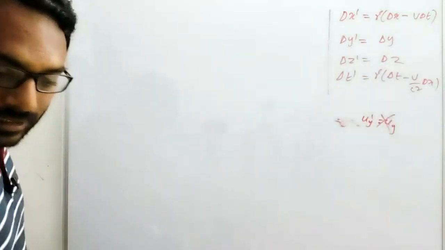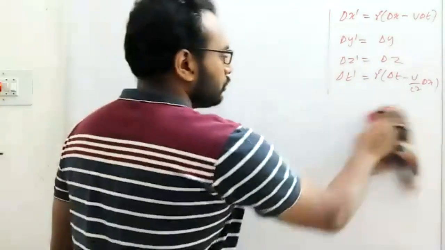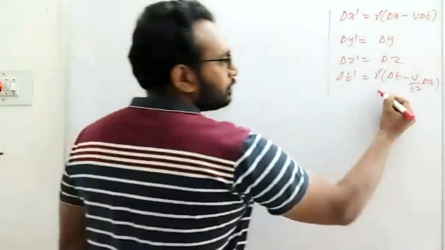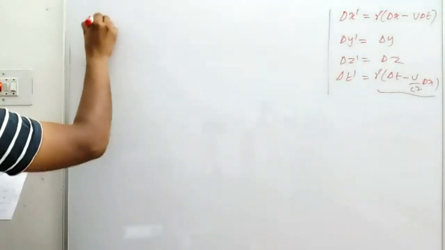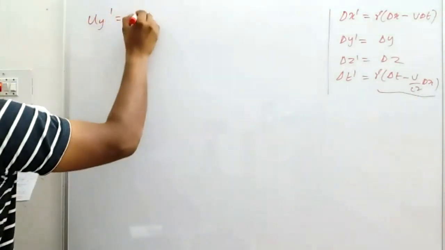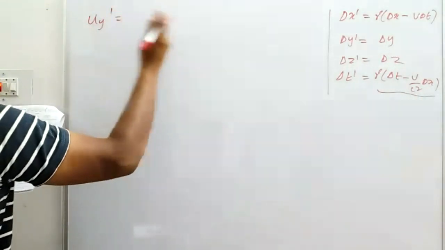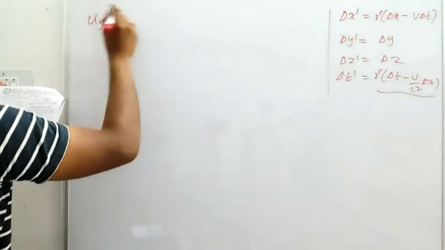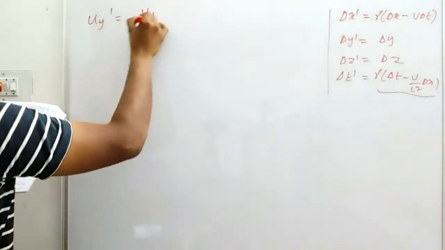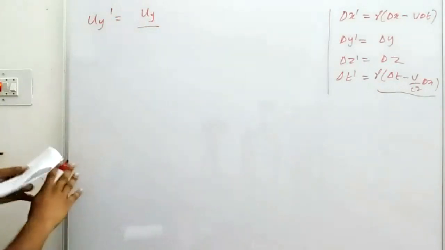In the Galilean case that's true, but here it's not, because time has a non-trivial transformation. So let's look at u_y prime. You can just get it from the Lorentz transformation. So u_y prime is equal to u_y. You just do this. Should I do this?